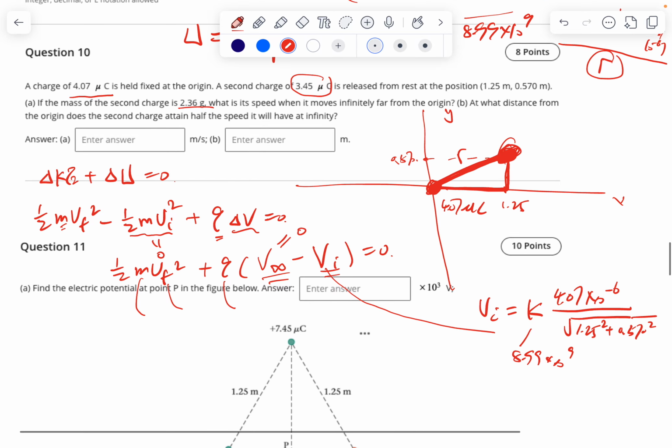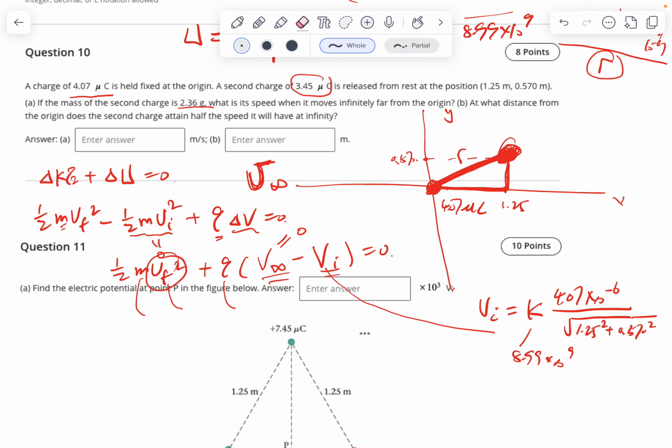B, at what distance from the origin does the second charge attain half the speed it will have at infinity? So you figure out the speed at infinity from the first question.